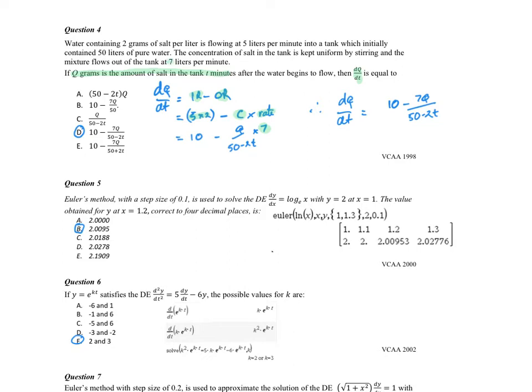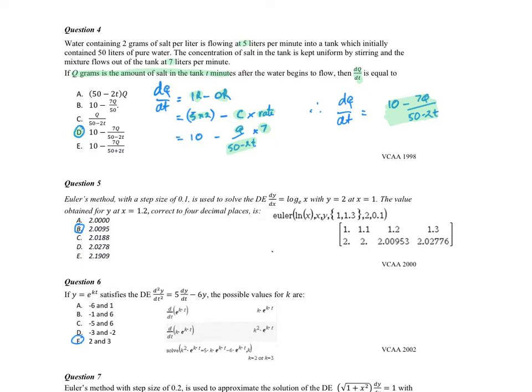We're leaving at 7 litres and coming in at 5 litres, which means my volume of liquid is changing by 2 litres per minute. So there's my minus 2t. The volume of the mixture is 50 litres less 2 litres for every minute. So Q over (50 minus 2t) times 7 gives me the output rate. So there's my DE in its entirety, and that must match option D.